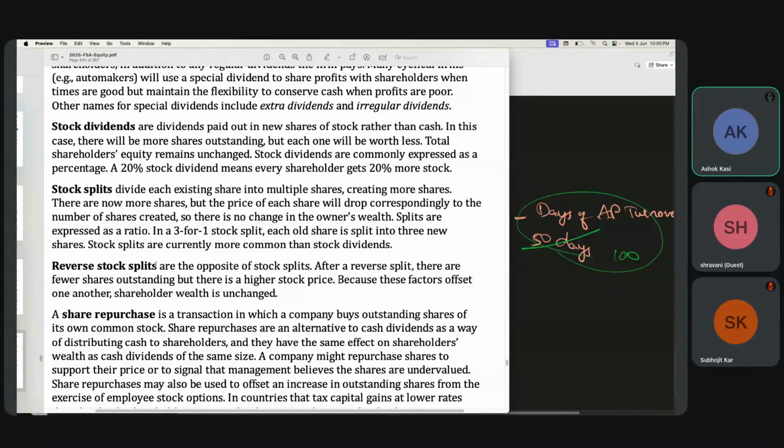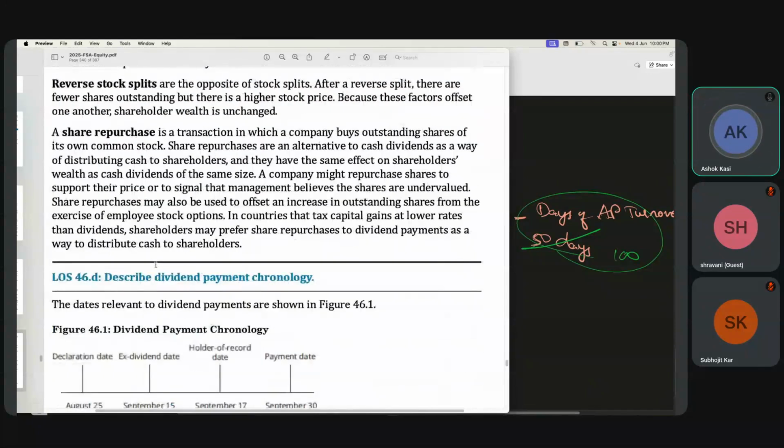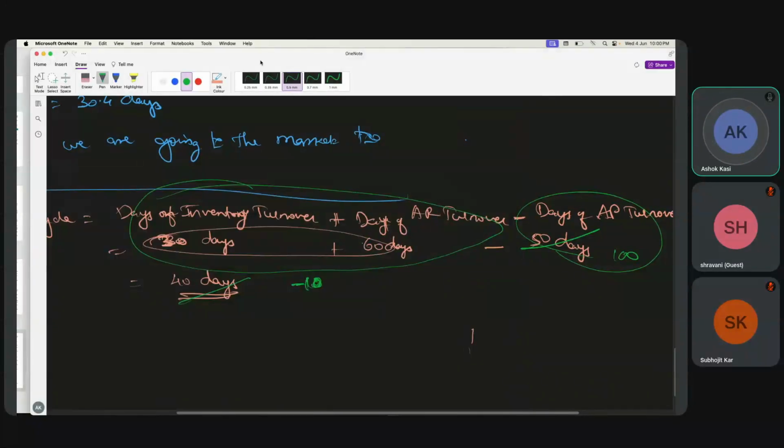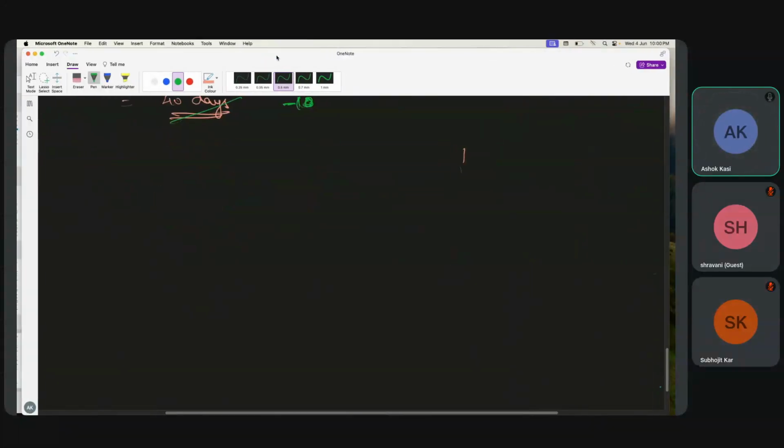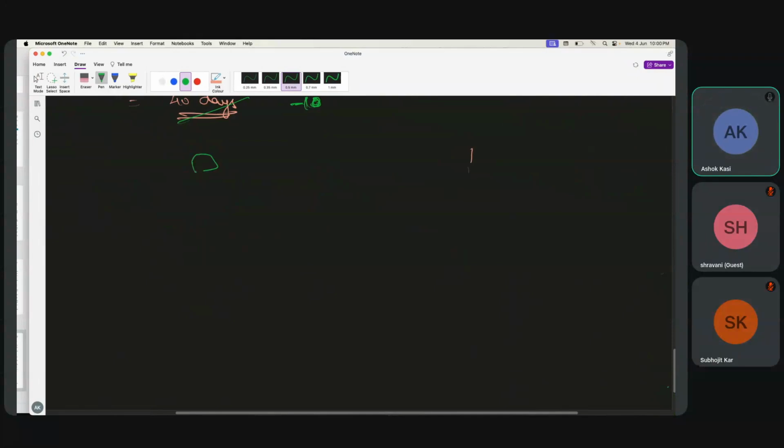Reverse stock split means what now? In a stock split, one stock is split into multiple parts. In a reverse stock split, multiple stocks are clubbed together. Like in a stock split, imagine I told you like this: quantity, price, total price.